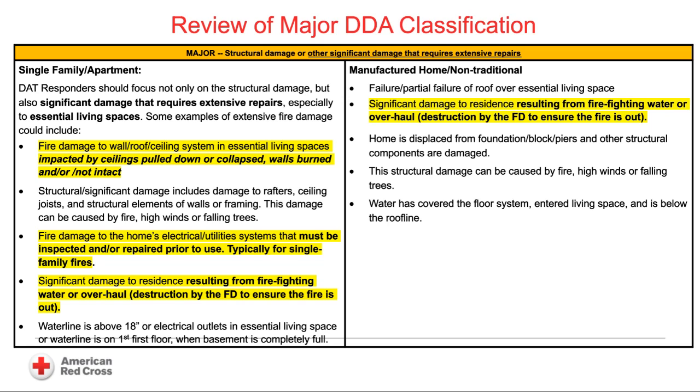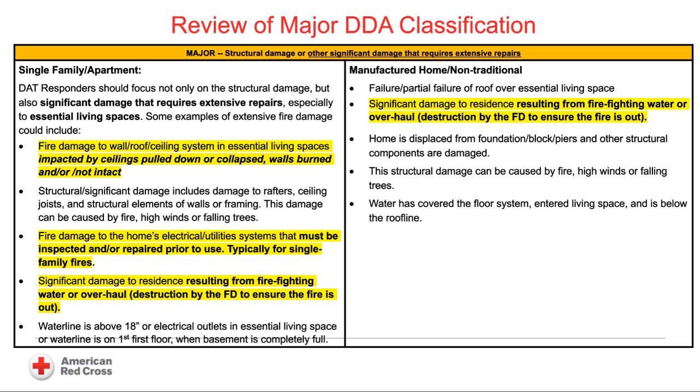The major classification should be assigned for damage that can generally be described as significant damage that requires extensive repairs. Specifically, what this means is that a major classification can be triggered by any one of these highlighted areas that we're showing on the slide.